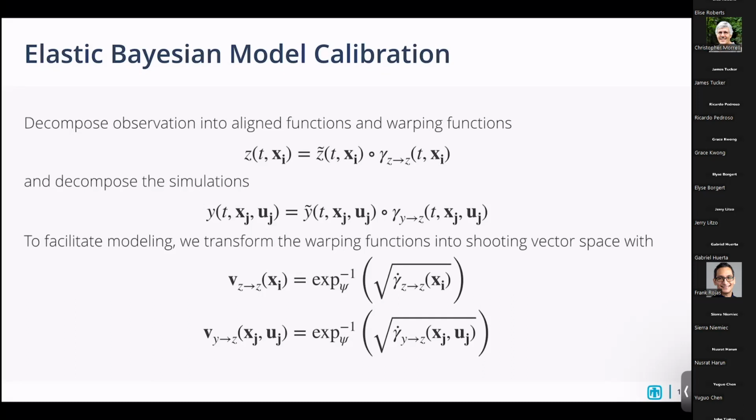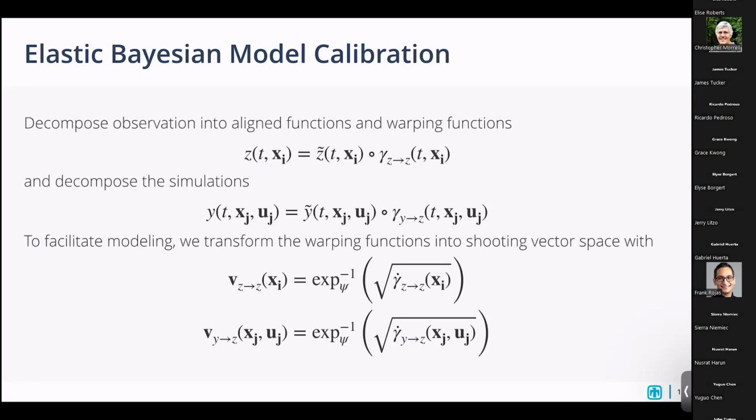Now, to facilitate modeling within this Bayesian model calibration framework, we're going to transform the warping functions into shooting vector space. The reason that I showed that previously is we want to be able to compute proper metric distances between our warping functions. So we're going to transform those corresponding warping functions we found between the experiments and the simulations. We'll take the square root of their gamma dots, and then we'll map them out to that tangent space. And we're going to call these shooting vectors.